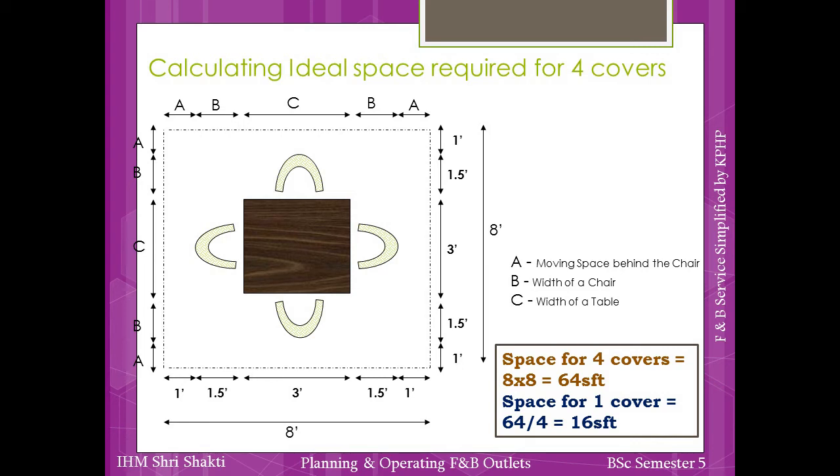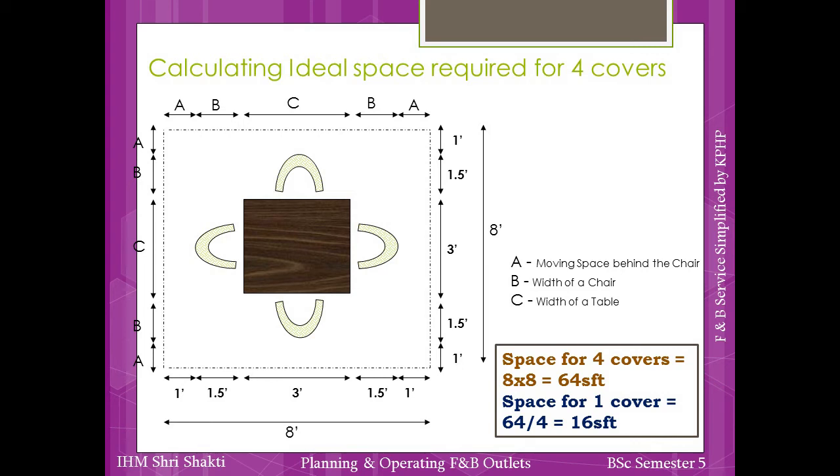This is in general normal seating conditions. This may change if your seating arrangements are a little lavish, like lounge areas. The average space required for one cover is going to change, because their seating arrangements are like sofas and highly upholstered places.